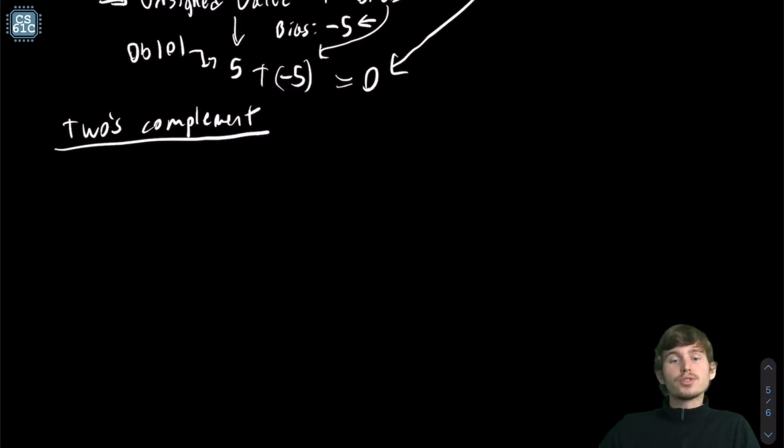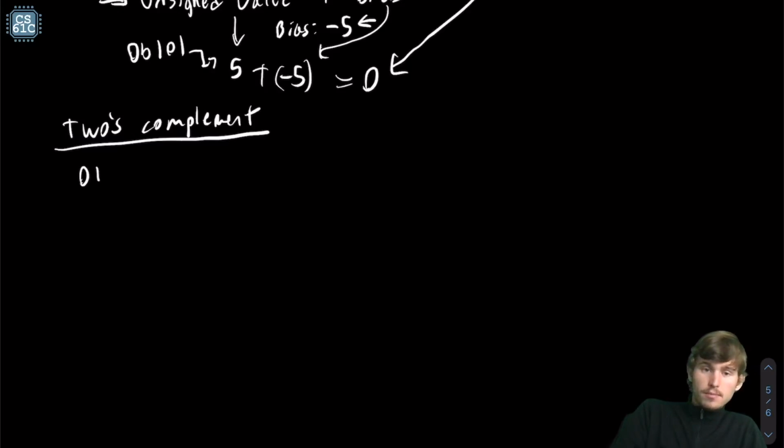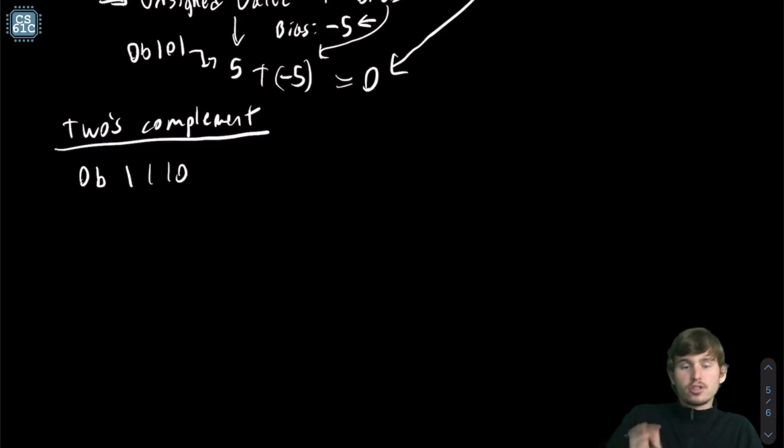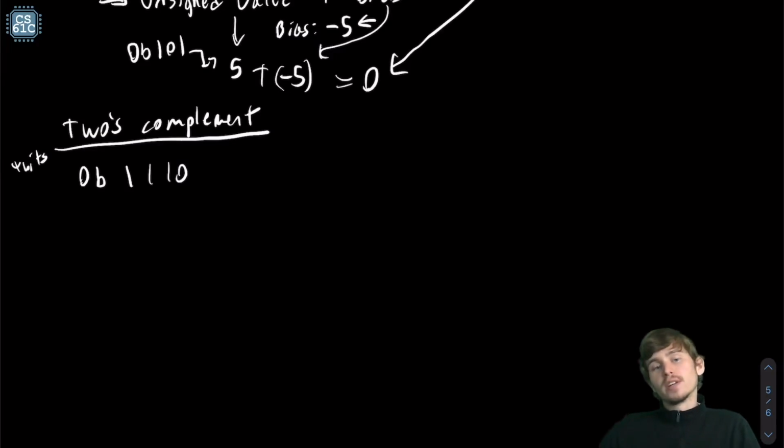So there's two different ways to look at 2's complement. The base representation of it is, say I have a number 0b1110, so I only have 4 bits. The first way to look at it is my largest bit is negative and all the other bits are positive.